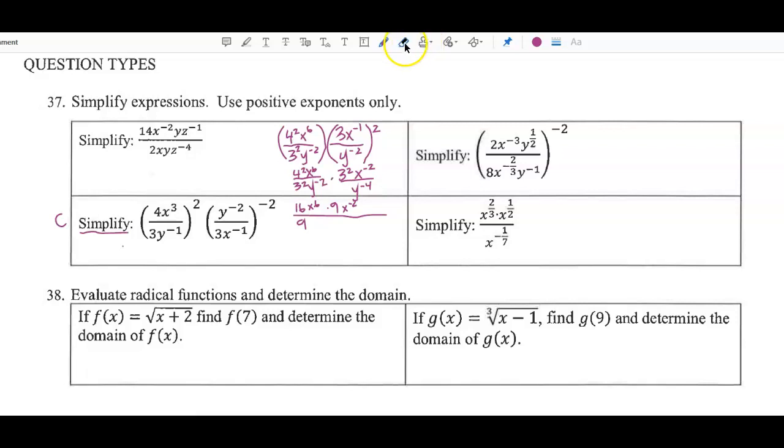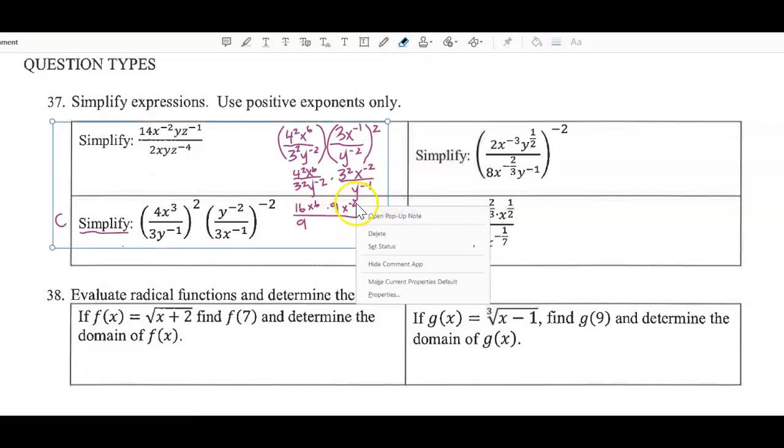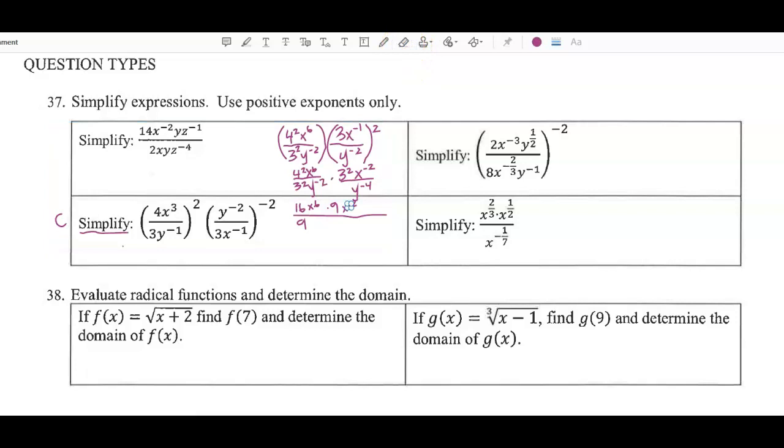Let me go back up there and maybe just, isn't it doing it? It's really weird.